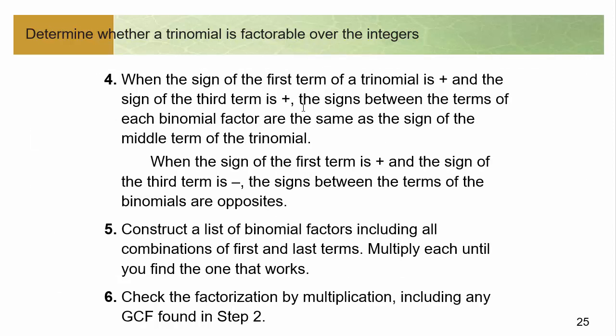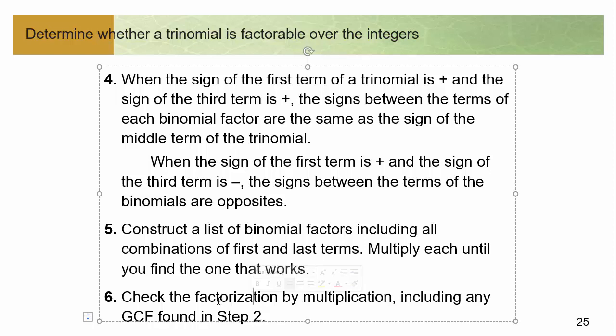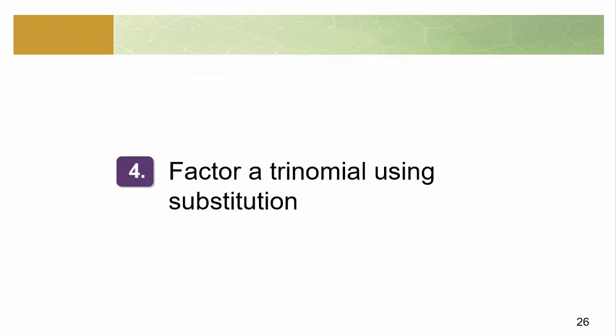Then here are those rules about when we have pluses and minuses. Then it's just a matter of listing out all of the binomial factors, i.e. all of the pairs of numbers that multiply to that constant term. And then it's a matter of guessing and checking, writing them all out, making sure you try every combination and see which one works when you FOIL it out.